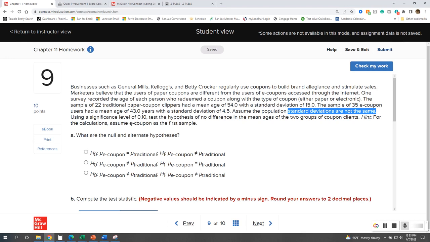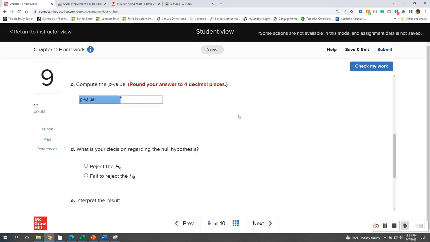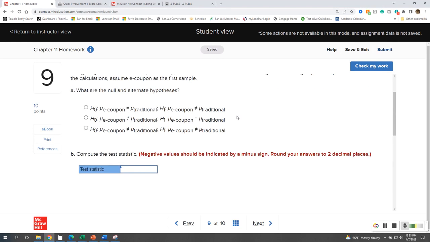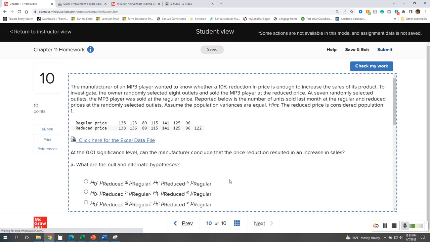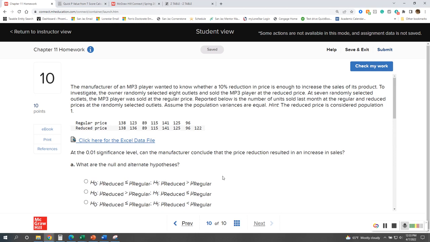It even tells you take E-coupon as the first sample as a hint for the calculations. So again, another T with the samples. This is going to be just like the ones we just did in question 8. Questions 7, 8, 9 pretty much are the same, except one's 1 tail and one's 2 tail.